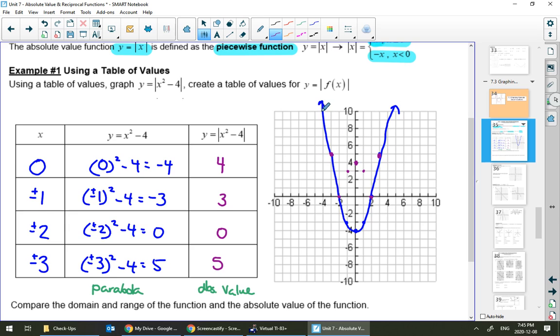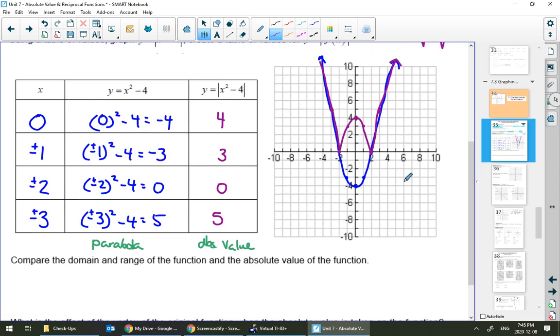So as we sketch this graph, what's happening is the graph comes down all the way to that y-intercept, then it pops up, comes down, and then pops back up here. So notice the only thing that's changed is that any values that were in the negative y's have now become positive. So now we have sort of this shape, almost like a W. Okay, so anything that was negative has popped up.